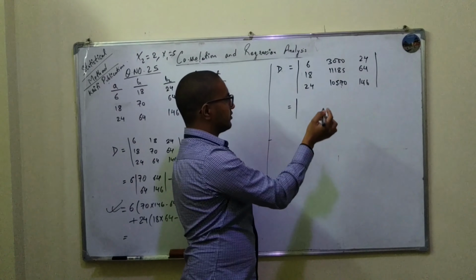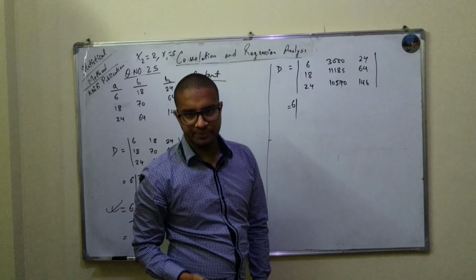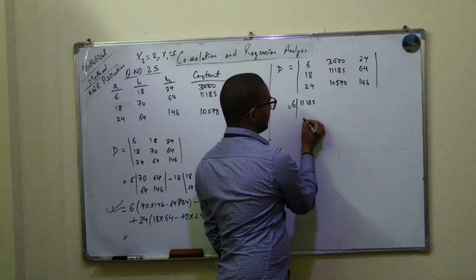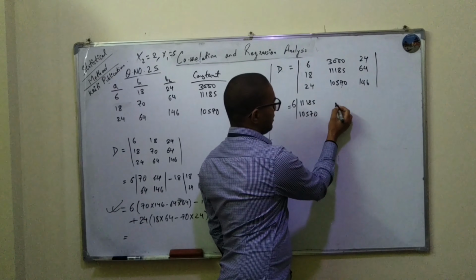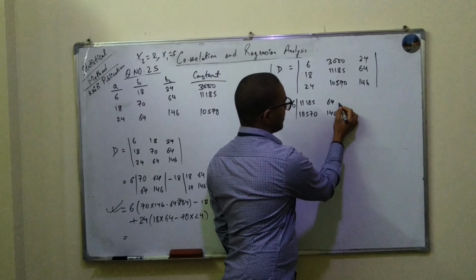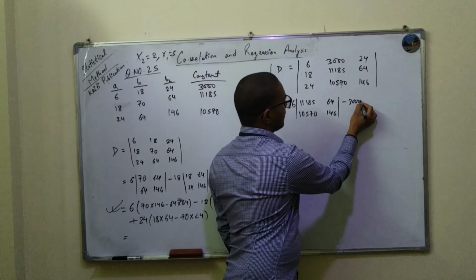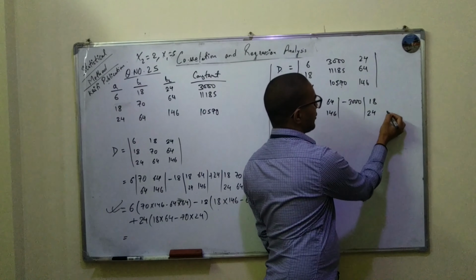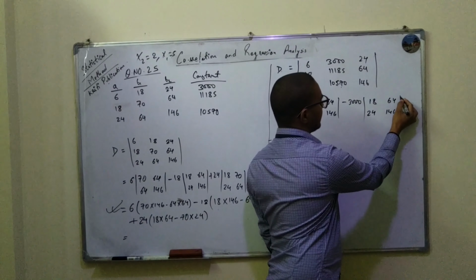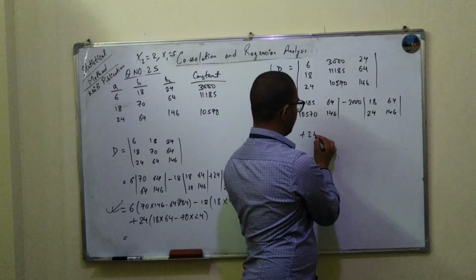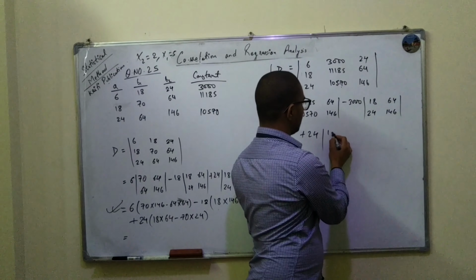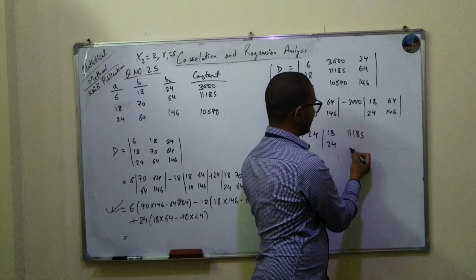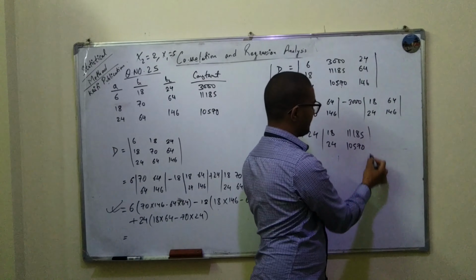Again, first row, first column, 6 times the same, right? 11,185, 10,570, 64, 146 minus 3000, okay, 1824, 64, 146 plus 24 times 1824, 11,185, 10,570.